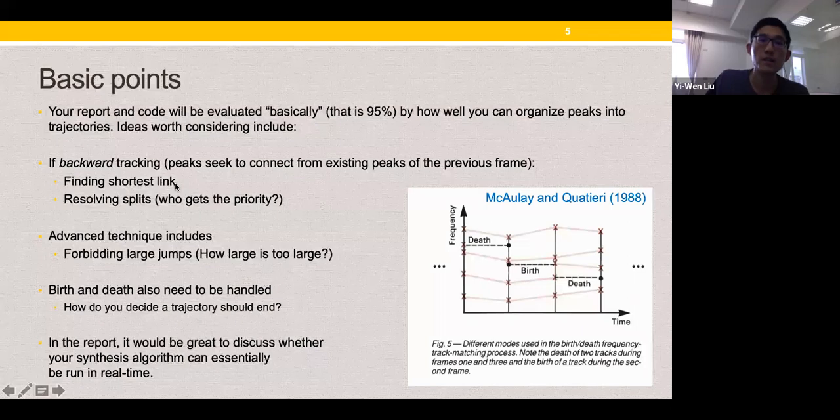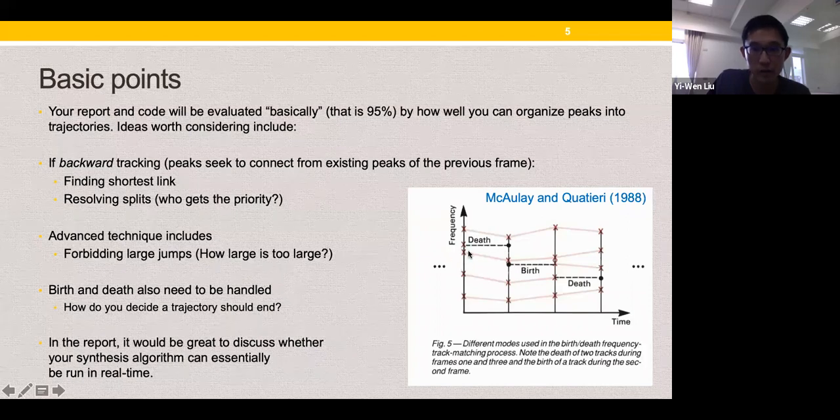For example, this peak, if we track it backward, the nearest neighbor is this one in terms of frequency, and for this peak, the nearest neighbor might be this one. That's backward tracking: finding the shortest link, the peak in the previous frame that has the nearest frequency.